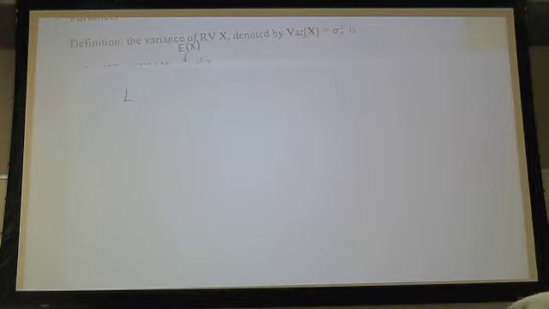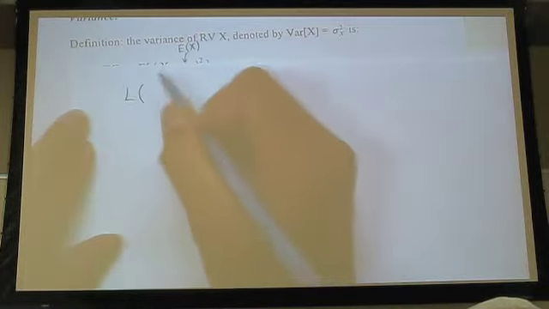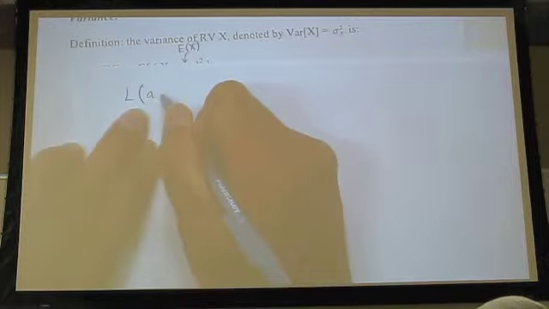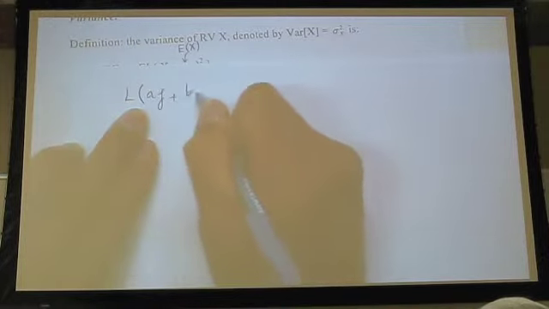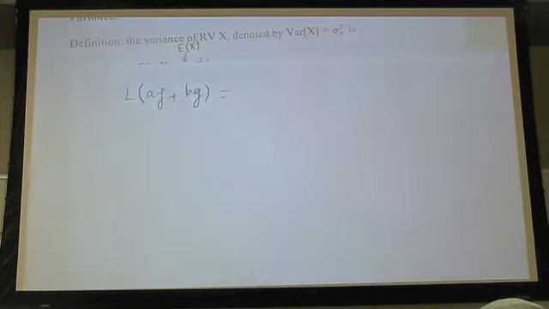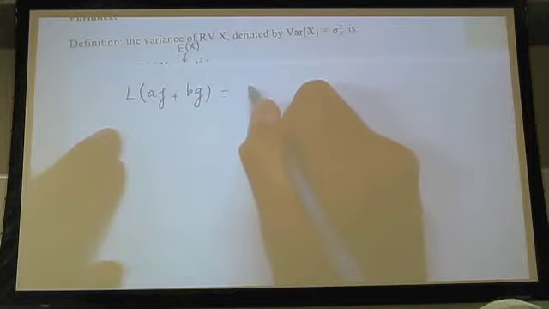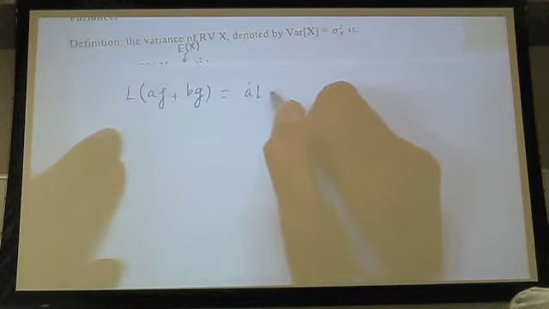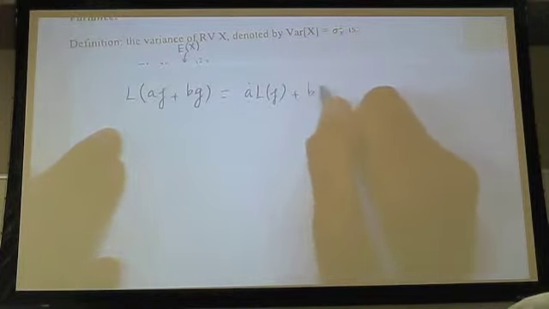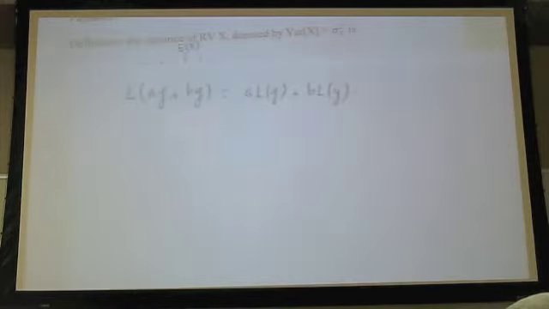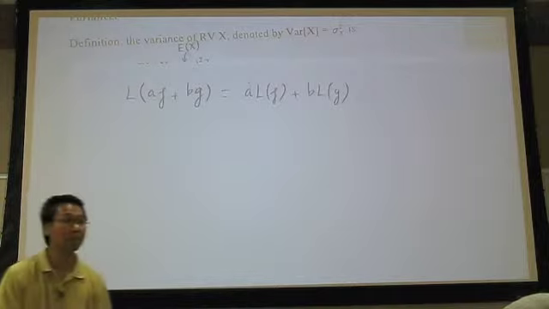What do I mean by that? A linear transformation is linear if and only if you let this guy act on the sum of two functions, it's the same thing as the sum of this. Right? Remember that?